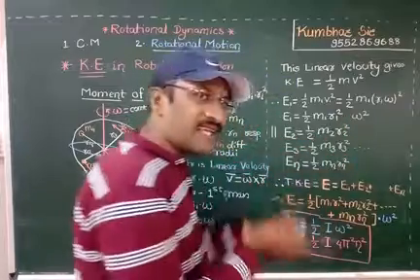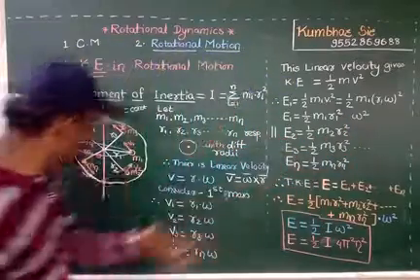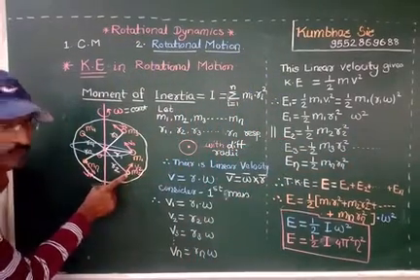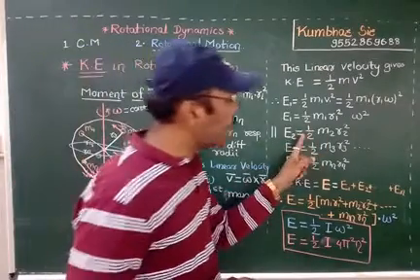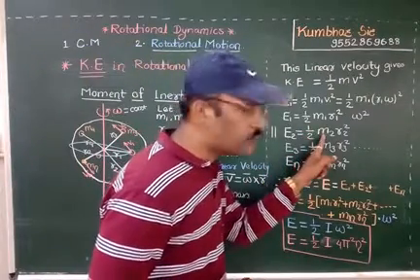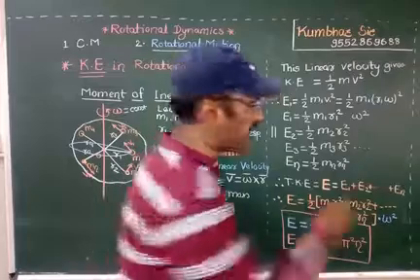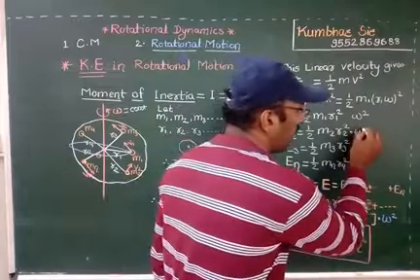Similarly, the kinetic energy of the second particle, whose mass is m2 and whose radius of circular motion is r2, equals 1/2 m2 into r2 square into omega square.